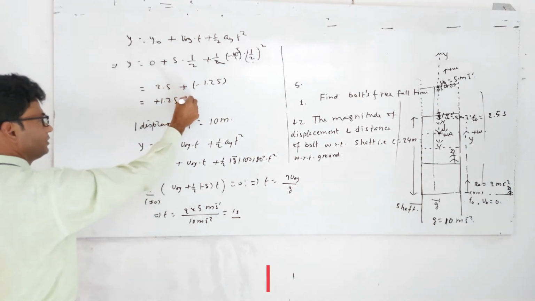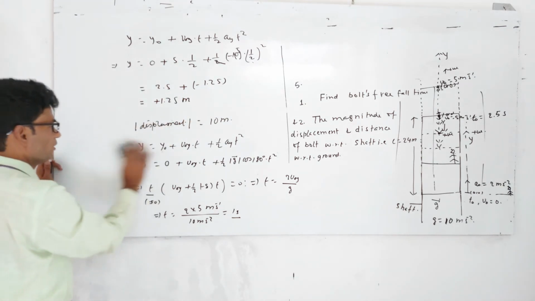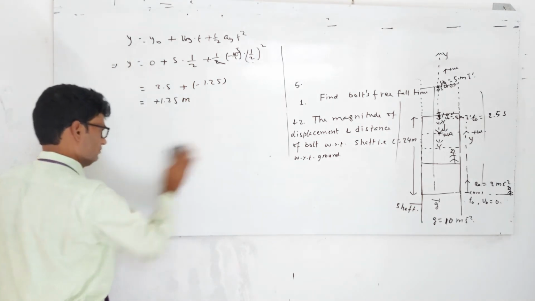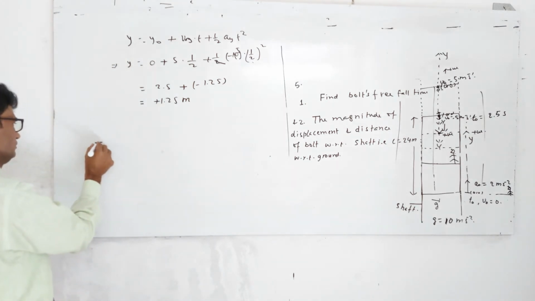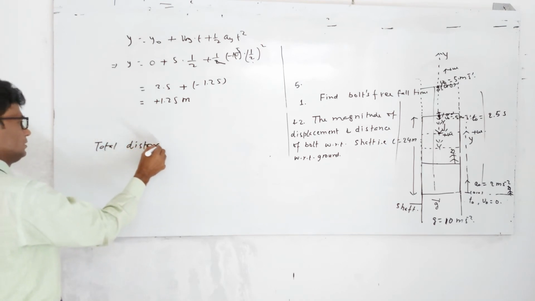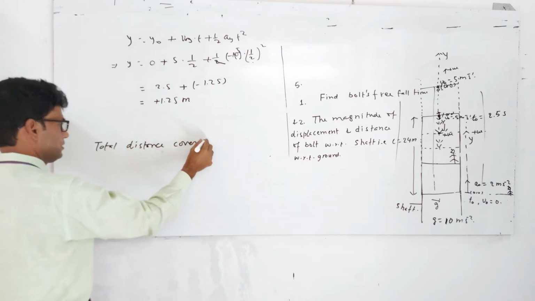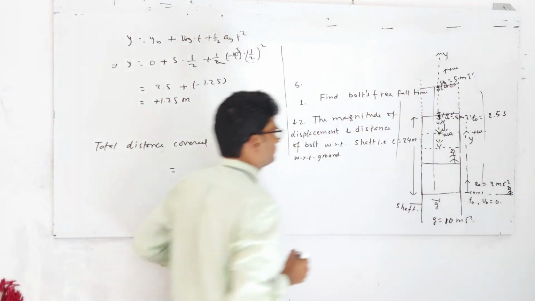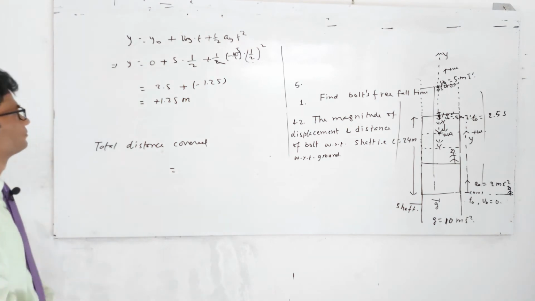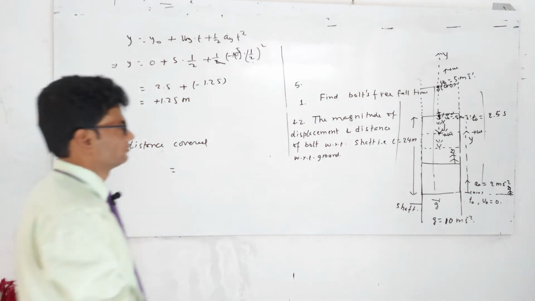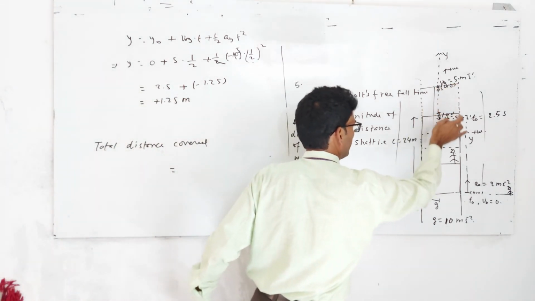Finally we put. Now we have to write the total distance covered. Total distance covered is equal to, from here to there, and from there to here, and this much.